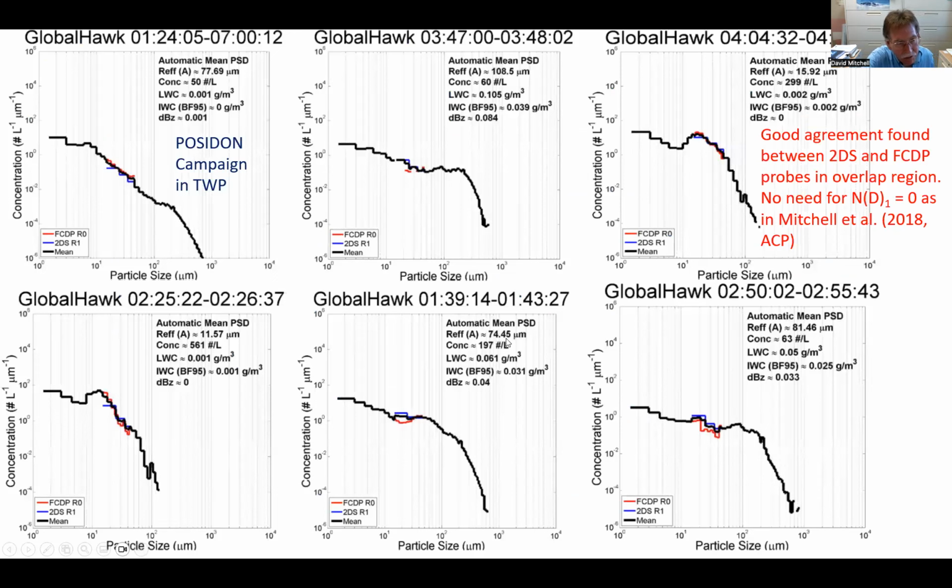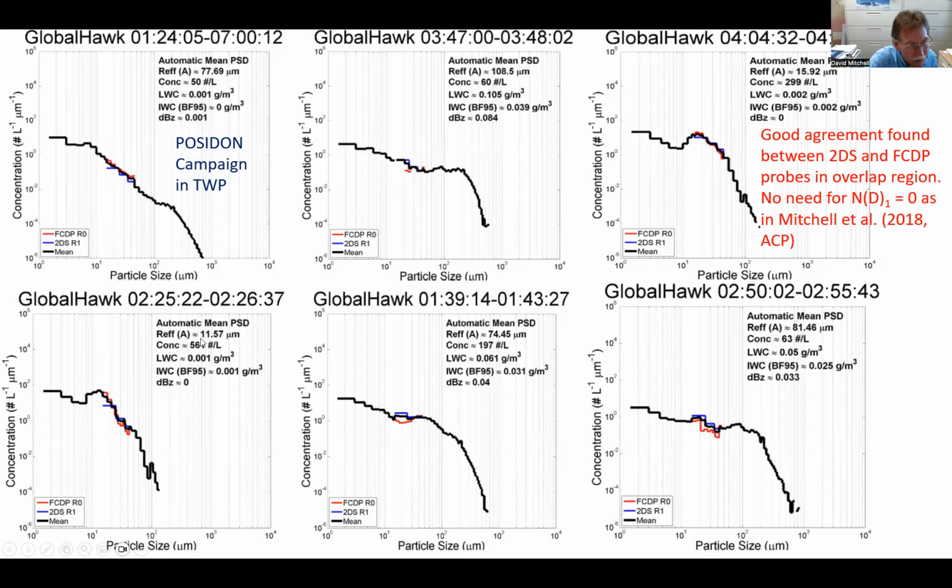We also found from the ATTREX and POSIDON campaigns that they compared the 2DS probe, which is commonly used, with the fast cloud droplet probe, FCDP. There's this overlap region in red here and blue.